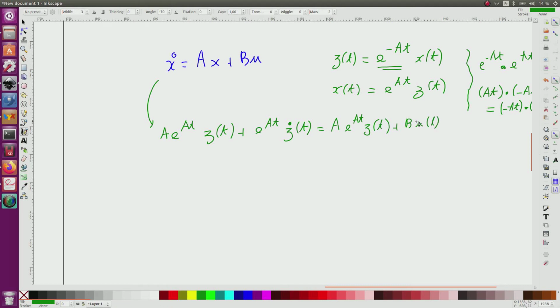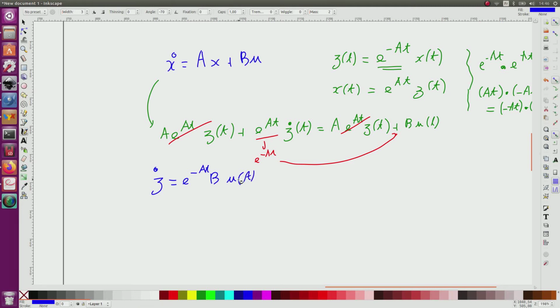Of course, I have some simplification. I have this and this, and then this one I know is the inverse, and the inverse of this is exponential minus At, so I will be able to put it here, and as a result I get that z dot is equal to exponential minus At multiplied by Bu of t.